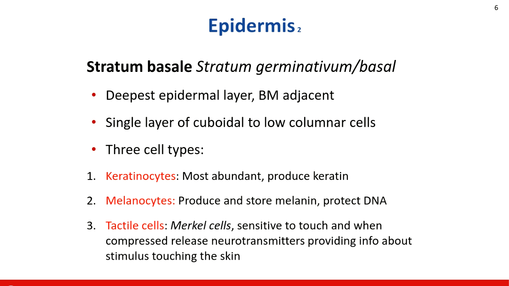We're going to start with the deepest layer in the epidermis, and then move towards the surface of your skin, or move superficially. The first layer is the stratum basale. Another name for it, and you can be asked this, is the stratum germinativum or the stratum basal. So the stratum basale is the deepest layer.